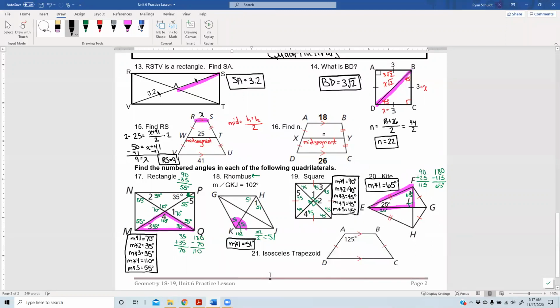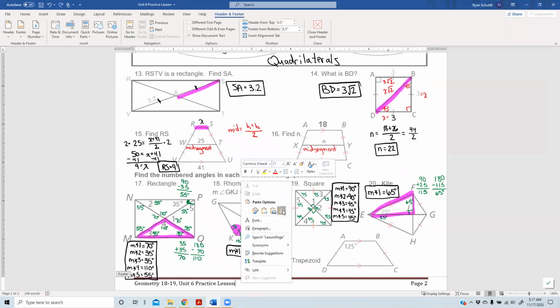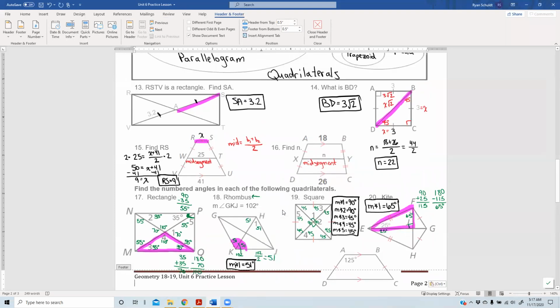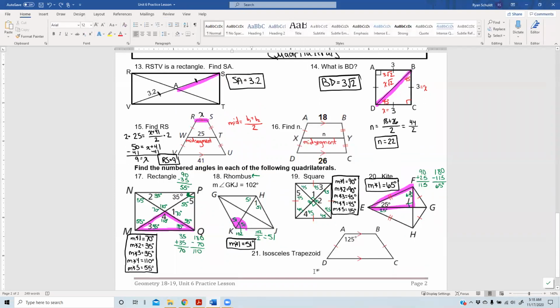I'm just trying to see if there's a number hidden somewhere. Okay, no number hidden anywhere.